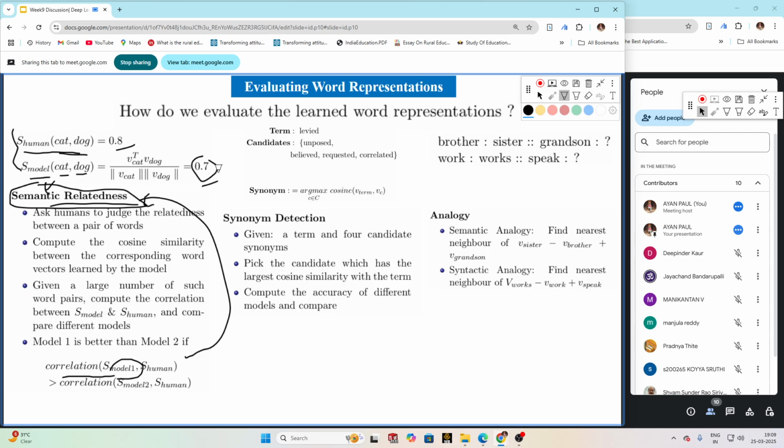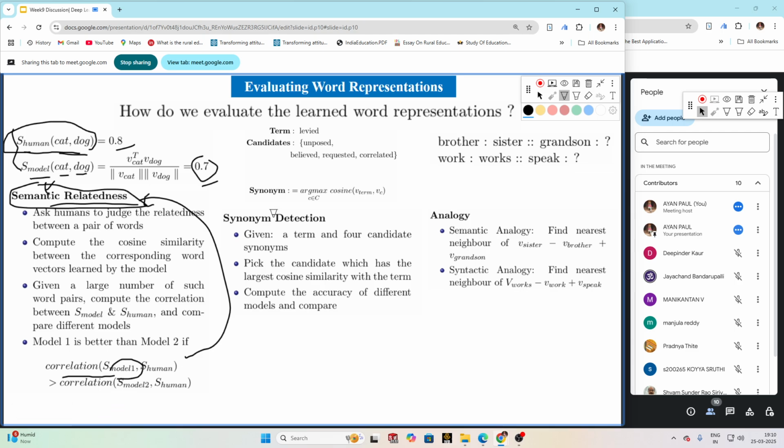But just taking the output of a model is not good, so we also take the help of humans. We take a sample and ask how similar they think cat and dog are, then take the correlation between human and model scores. If model 1 has a higher correlation than model 2, we say model 1 performs better for semantic relatedness than model 2.